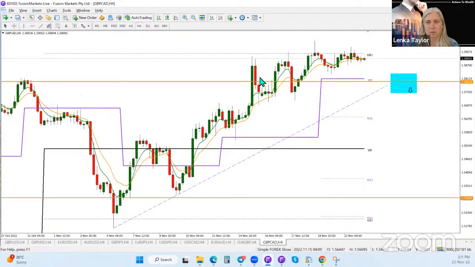Now, since most breaks are false breaks, then I'm looking to see if this comes back below the weekly pivot, basically comes back below this previous trend line, and then look for a retest and go short.